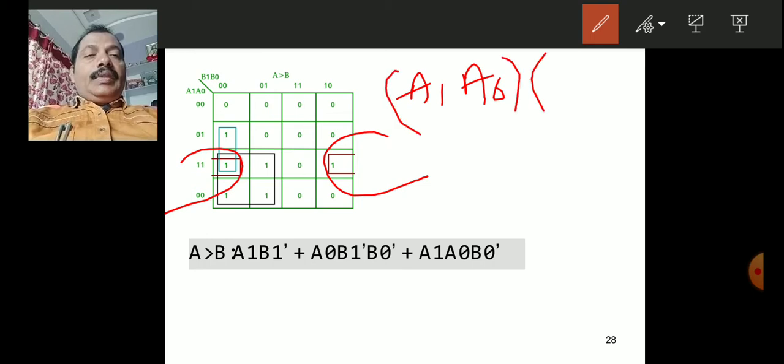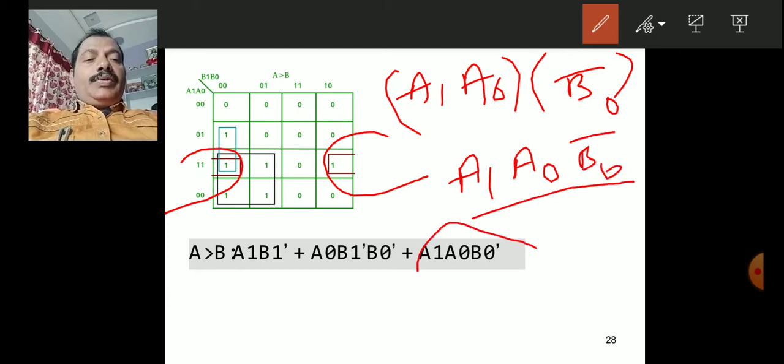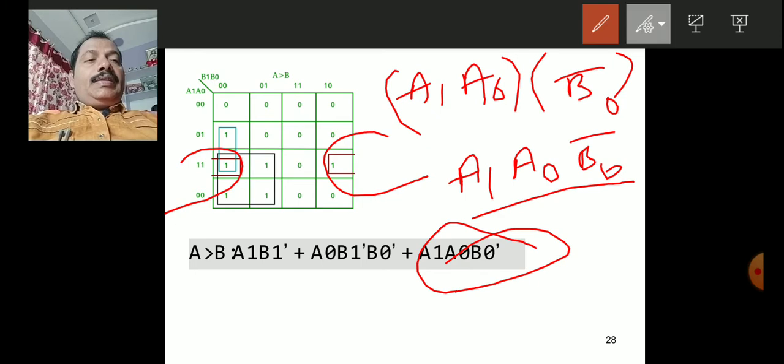Two columns it is occupying means B1 is changing, B0 is not changing. B1 is eliminated, B0 is retained, B0 bar, because it is 0. So that means A1, A0, B0 bar. So this is the top. Here we have written like this. So this is a simplified diagram for A greater than B.